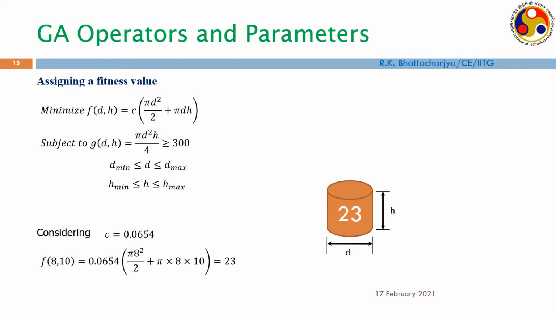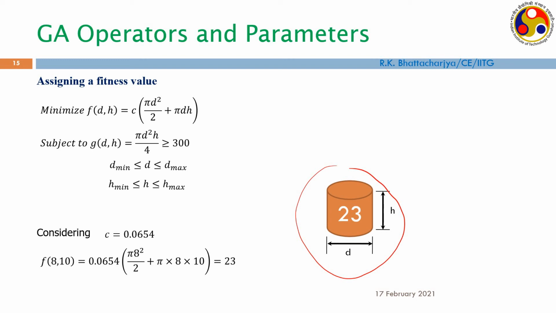So let us take an example problem. Suppose we want to minimize f, which is a function of d and h. This is a can optimization problem. What you want to do is minimize the cost of this particular can.